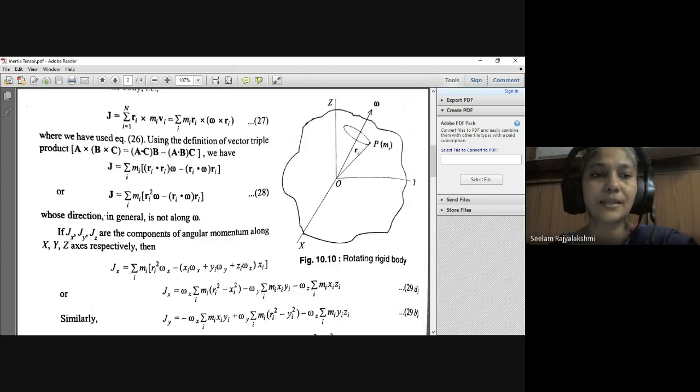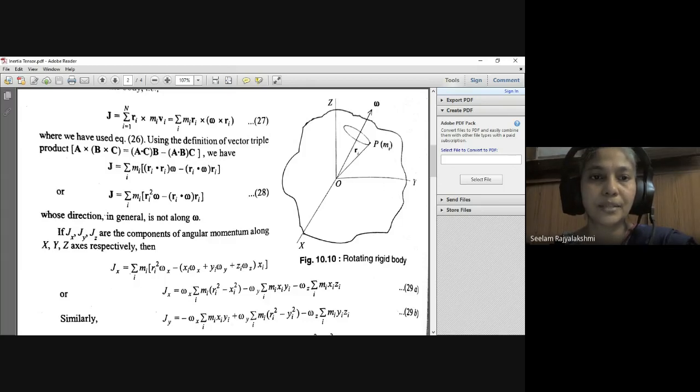So if Jx, Jy, Jz are the components of angular momentum along the x, y, z axes respectively, then Jx can be written as sigma i mi Ri square, as we already have in equation 21.